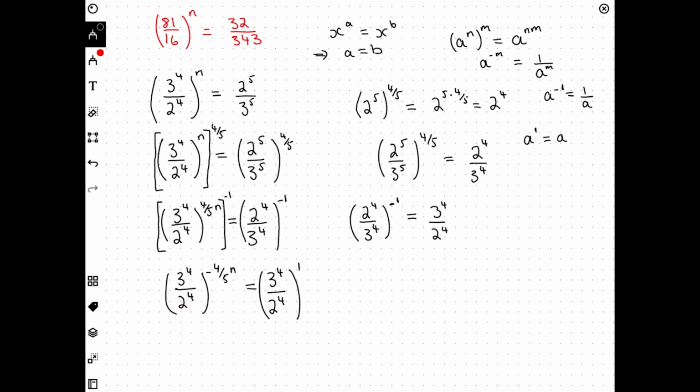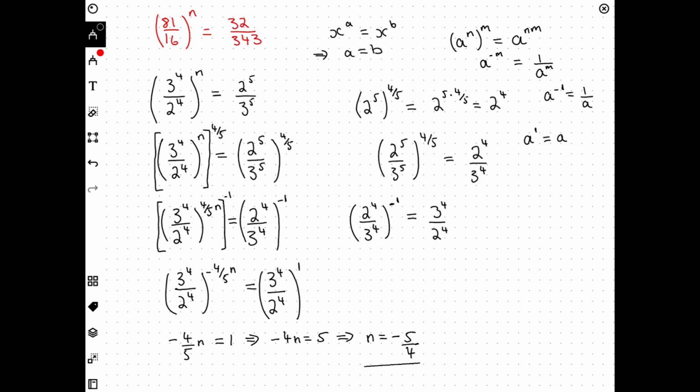The base is equal. So minus 4 over 5n equals 1. So therefore minus 4n equals 5, which implies that n equals minus 5 over 4.